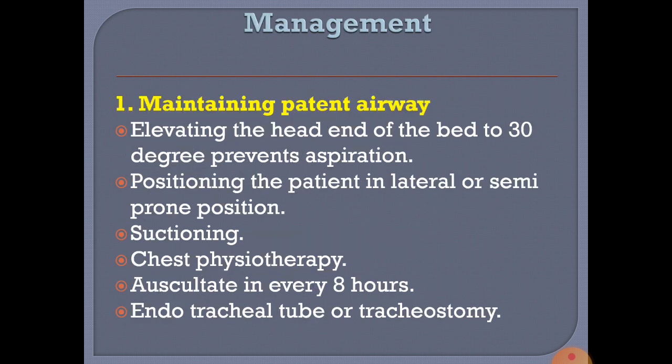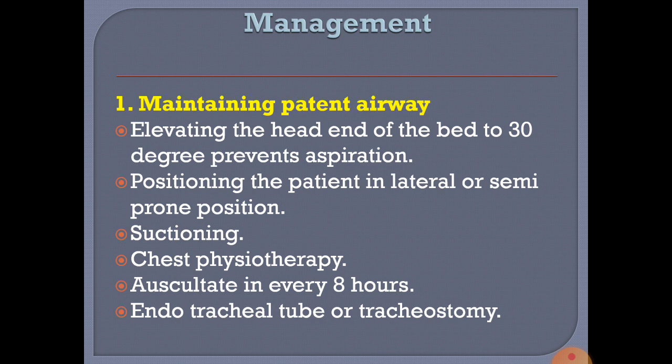These are a few diagnoses, and in response to these diagnoses we will see how we will manage or care. For maintaining a patent airway, we have to elevate the head end of the bed to 30° minimum to prevent aspiration, positioning the patient in the lateral or semi-prone position. Suctioning to be done. Chest physiotherapy should be done prior to the suctioning.